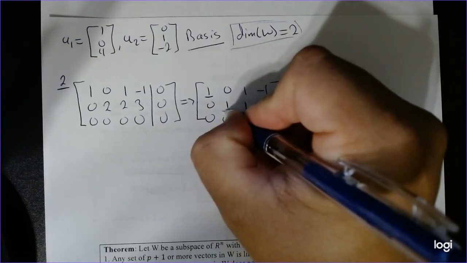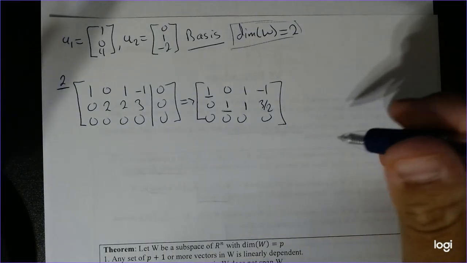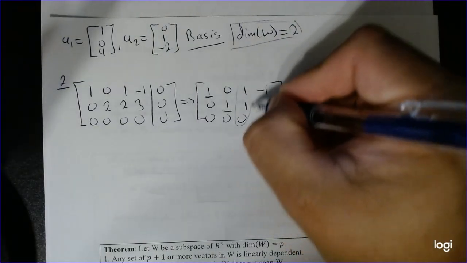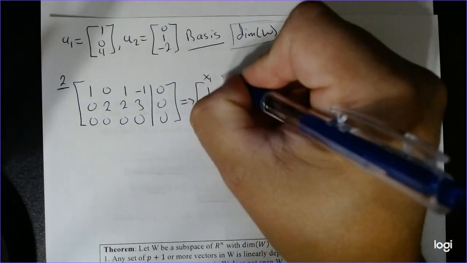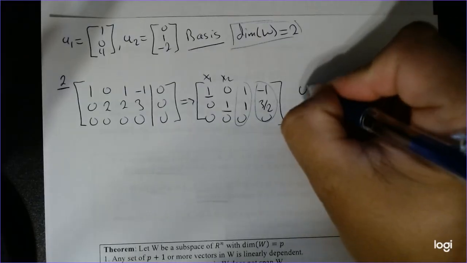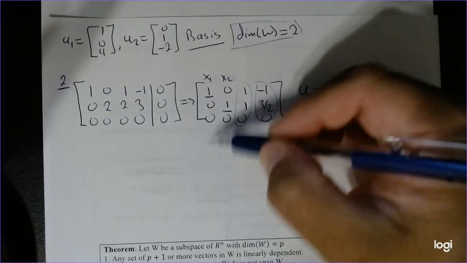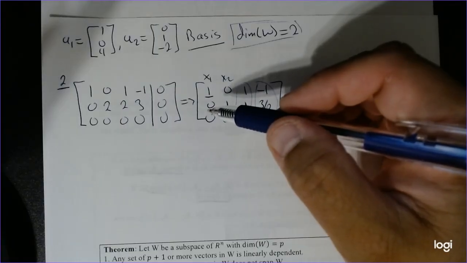So we have our pivot points. Remember, this means discarding the inconsistent vectors, and the inconsistent vectors are these two. So x1, x2 are our bases here. So we say u1 is equal to our first vector, which I believe was 1, 1, 2.